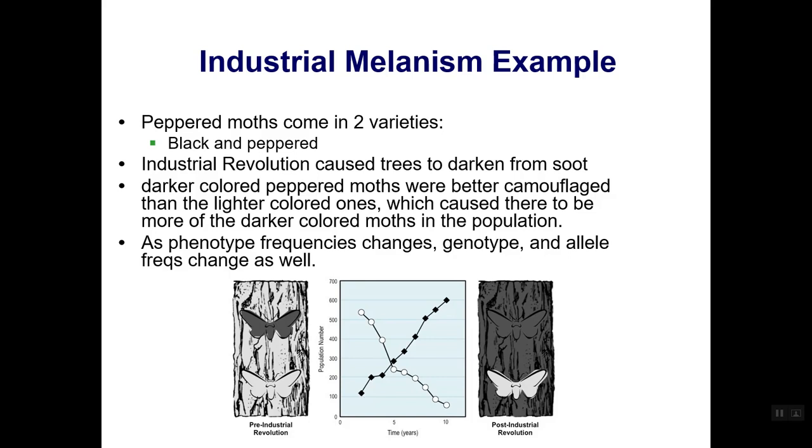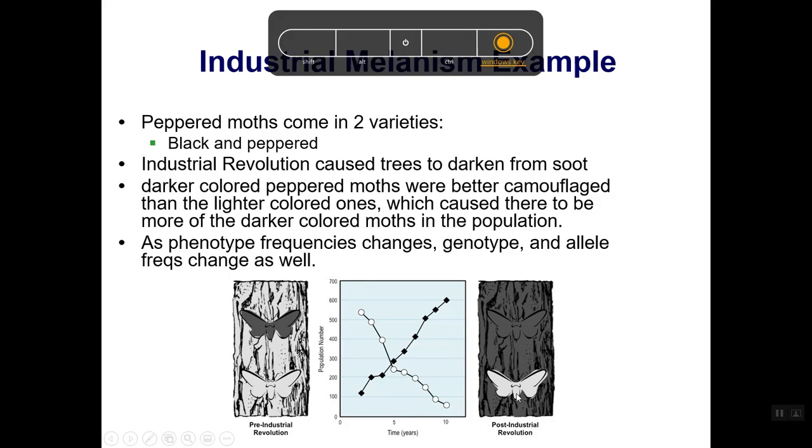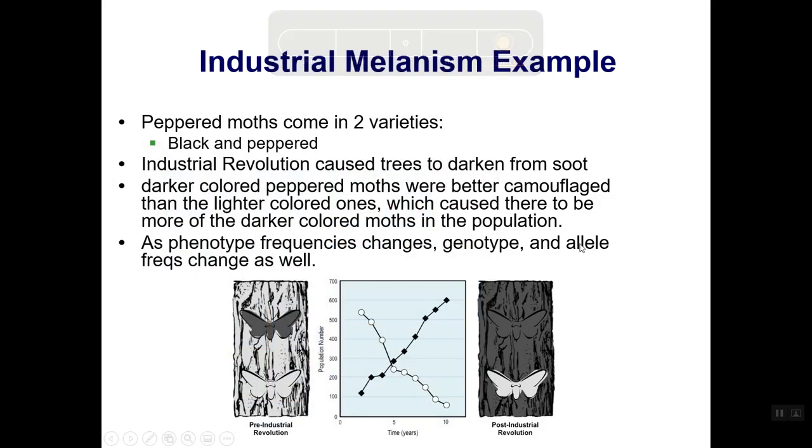Now, over time, as the post-industrial revolution era creeped up, the trees would become darker in color, and therefore, this time, our lighter moths are able to be seen more as our environment changed.